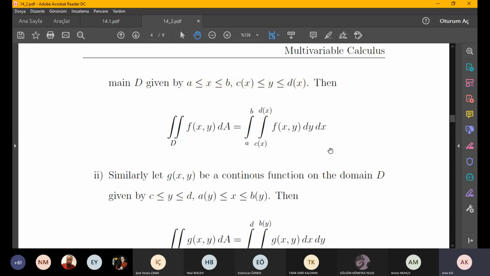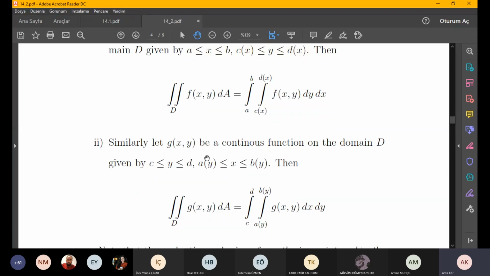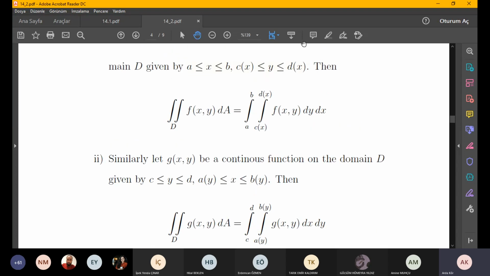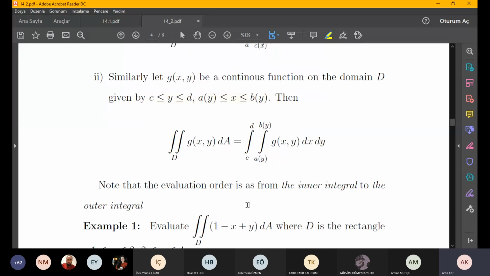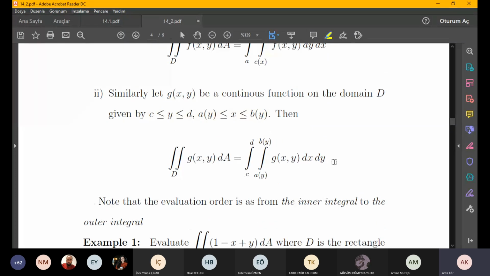So if g(x,y) is a continuous function on D, and now here we have another simple domain, then as you can see here, you first have the limits of integration, which are the boundaries of x, and after that you have, as a limit of integration, the boundaries of y.